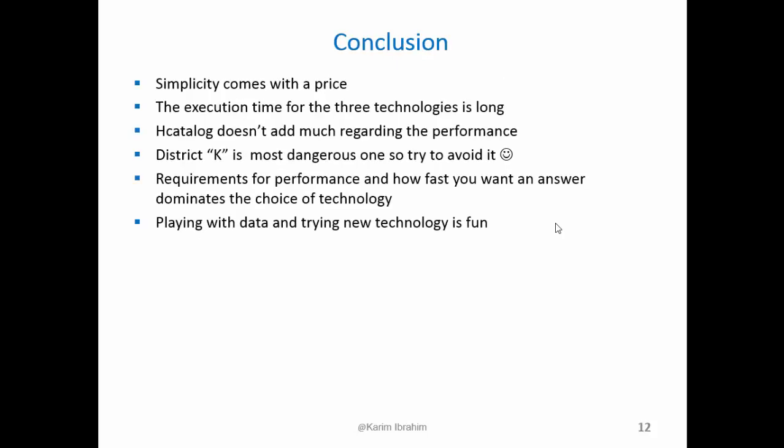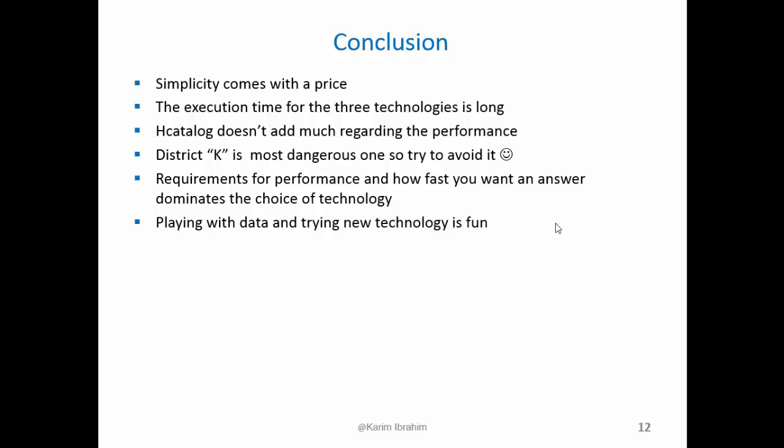The conclusion for this project: simplicity comes with a price. It was easy to write the Pig and Hive queries, however the execution time is longer than if you just wrote a MapReduce job. Second, HCatalog doesn't add much regarding performance, it just adds simplicity for the end user.